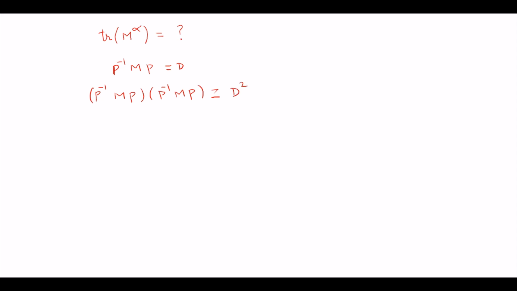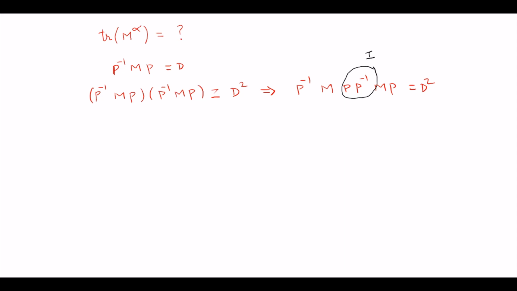Now this can be written as P inverse M P, then P inverse M P, and that is equal to D square. Notice that the middle two quantities P P inverse are going to become I.